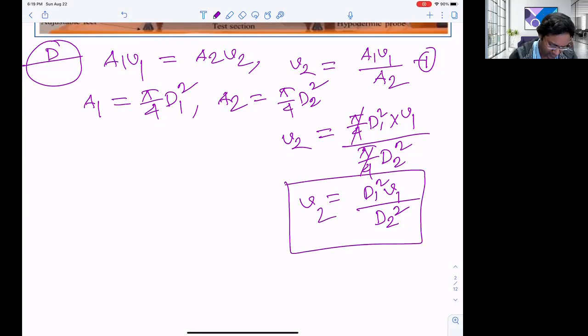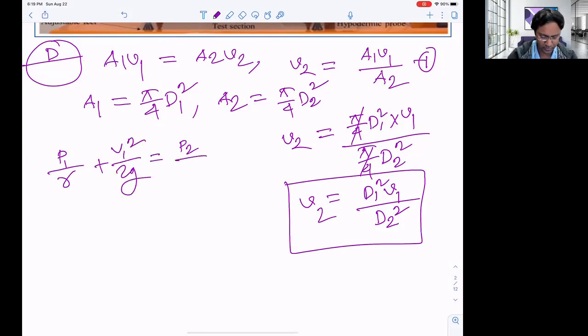And by this time we already have the Bernoulli's principle, P1 over gamma plus V1 squared over twice g is equal to P2 over gamma plus V2 squared over twice g. So our main purpose is to relate these two equations. This is equation number 2 and these two equations. So how can we do that?